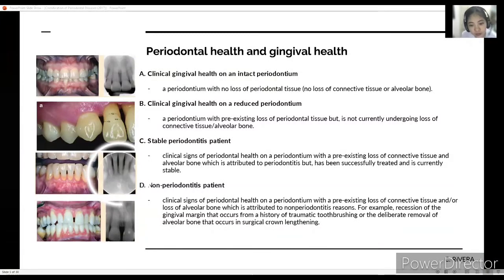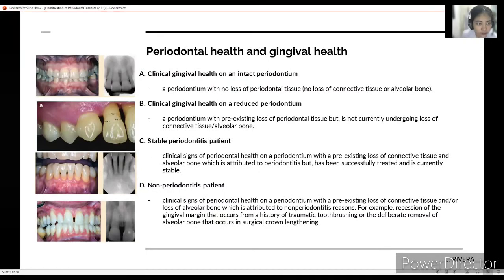The dental radiograph reveals loss of alveolar bone height. The objectives of future treatment are to maintain the reduced periodontium in a healthy and stable state, and also to prevent the reactivation of the periodontitis. So that's the stable periodontitis patient.